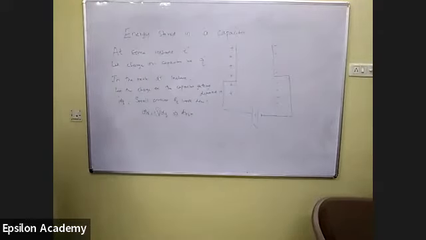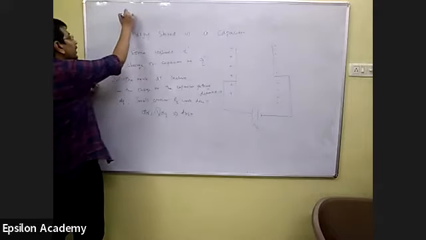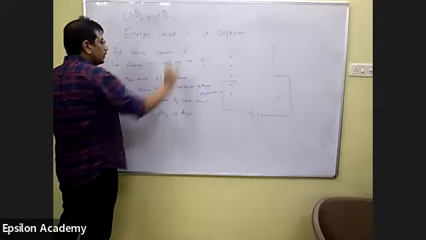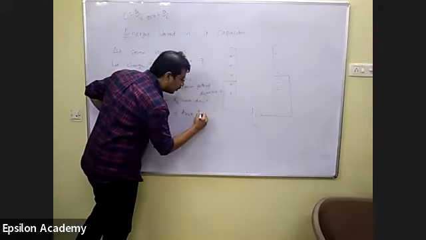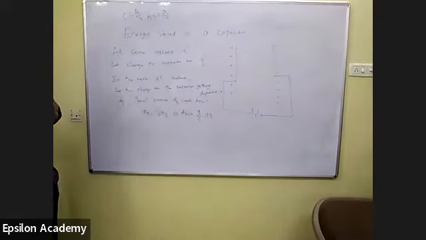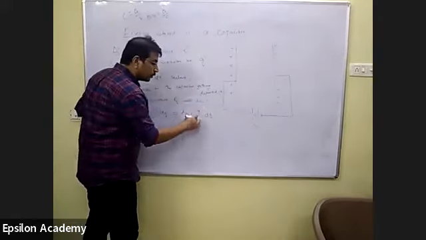You know this formula: C is equal to q by V, which implies V is equal to q by C. So dW is equal to q by C into dq.